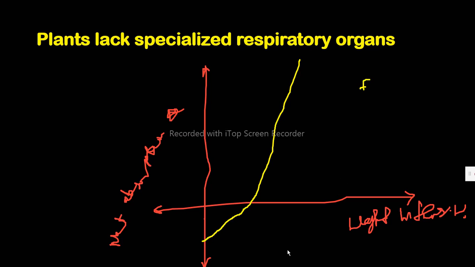And I write, you have A here, you have B here, you have C here, and you have D here. So can you drop your answers maybe so that I can find them? So from your graph, what is the compensation point?